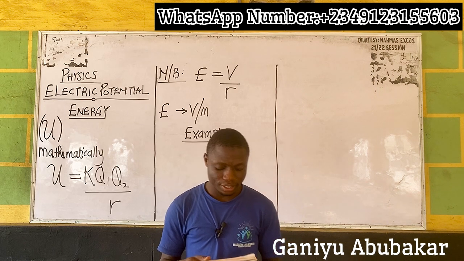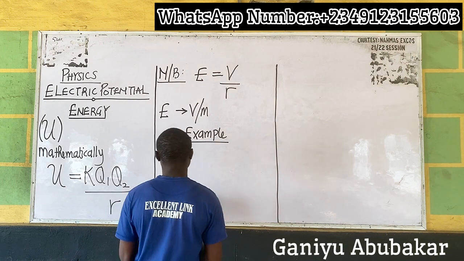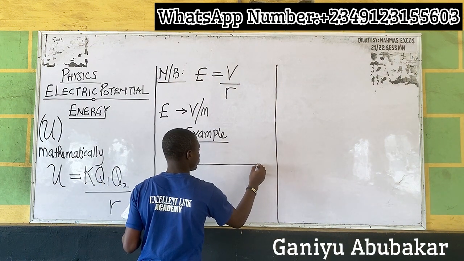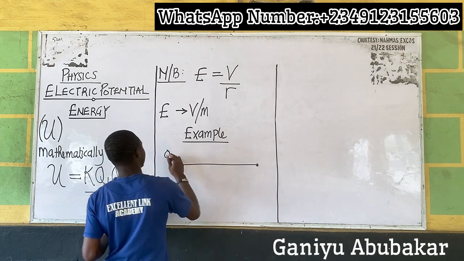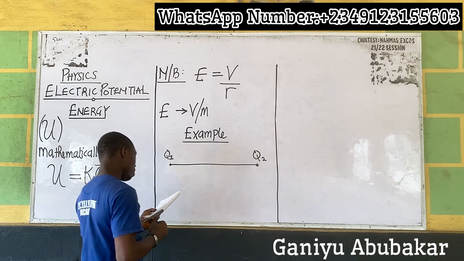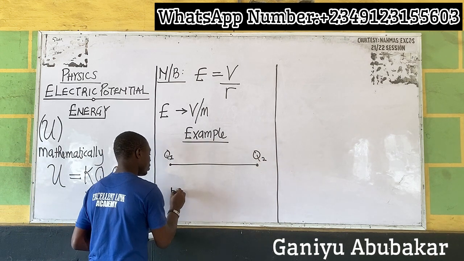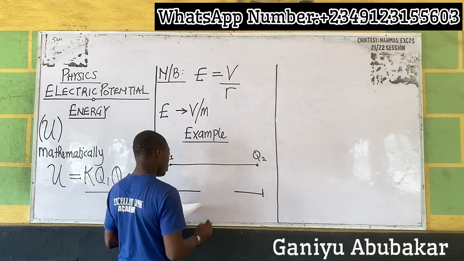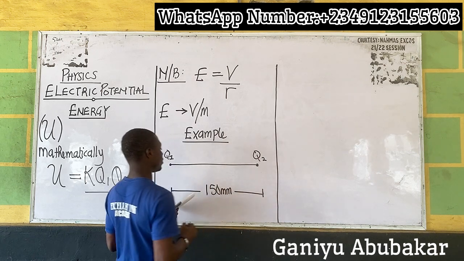So it says two charges Q1 and Q2. Let's say Q1 is here, and I have Q2, and they are separated by a distance of 150 millimeters.